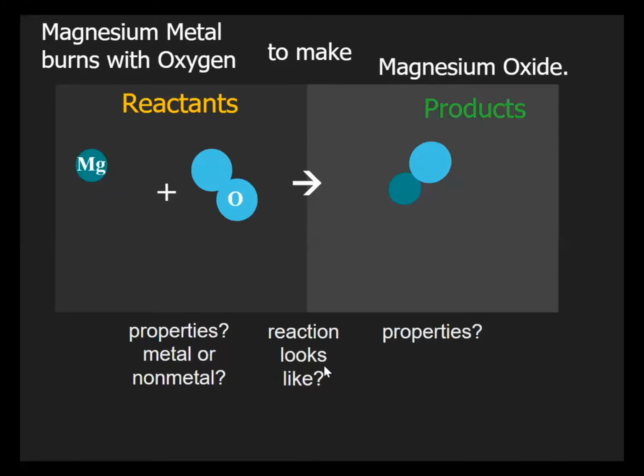And now we also know that there was a reaction because there was this crazy big flame. And yeah, right, like this arrow is when that flame was happening, when that reaction was happening, when all these magnesiums are tearing apart these oxygens and bonding with an oxygen. So all that switching partners, that's what's happening during the reaction.